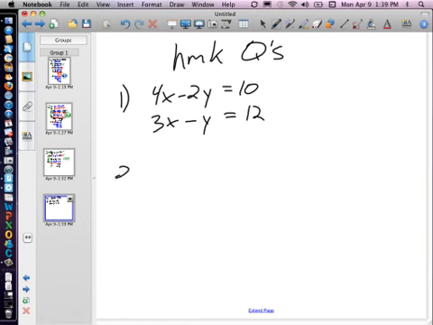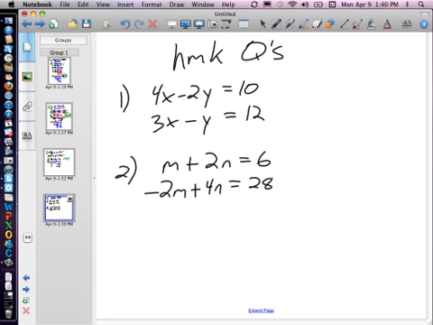That's your first one. And number 2, let's do m plus 2n equals 6. And negative 2m plus 4n equals 28. All right. So work on those two problems for homework.